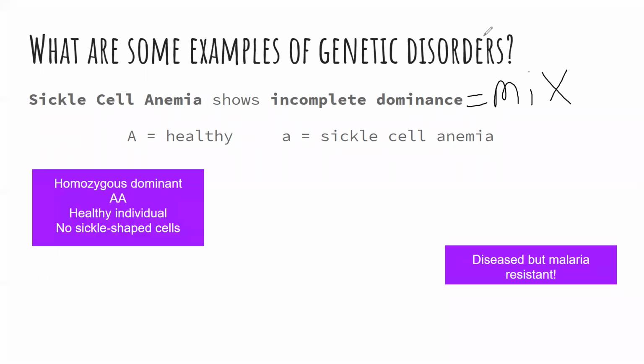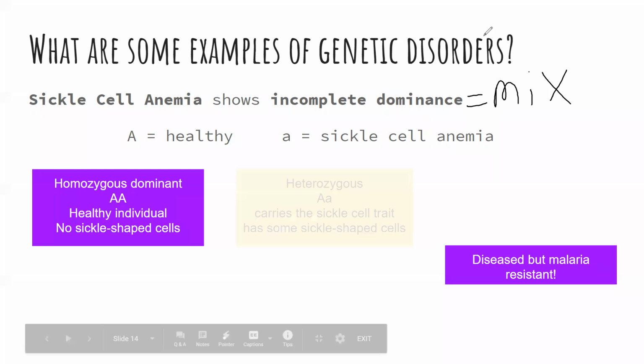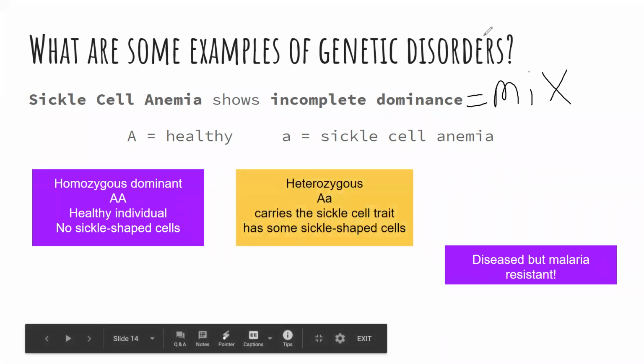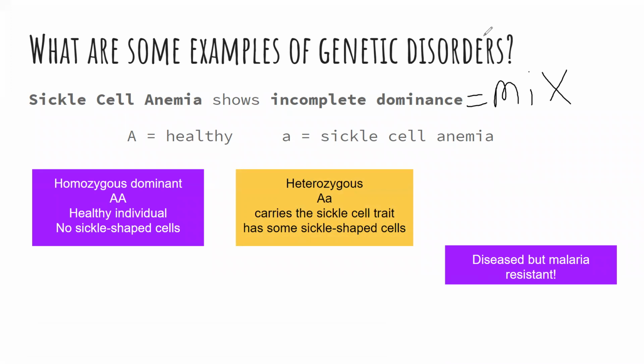So someone who is homozygous dominant, 2 capital letters, homo, same, dominant, capital letters, is a healthy individual. So they have no sickle-shaped cells. So they have just regular bowl-shaped red blood cells, carrying oxygen, doing our job. People who are heterozygous, right?